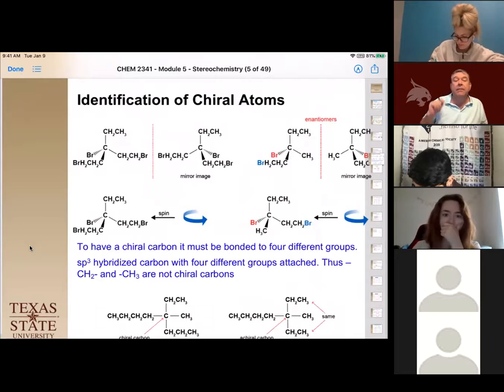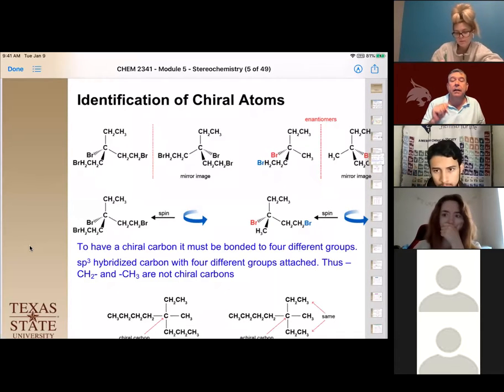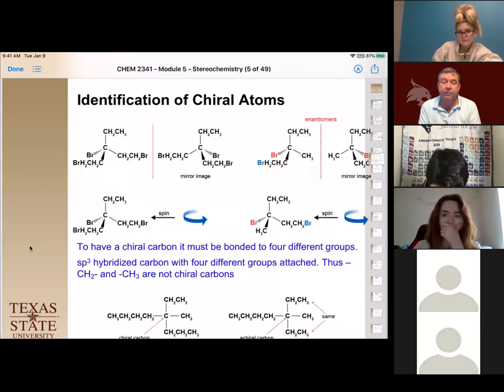So it has to have 4 different groups to be chiral. If 2 of the groups are the same, we can find a plane of symmetry where those 2 groups are the same. Therefore, we have to have 4 different groups attached to a carbon. And if we do that, then we can start to think, okay, this might be a chiral carbon. Let's look and see what we have, okay?